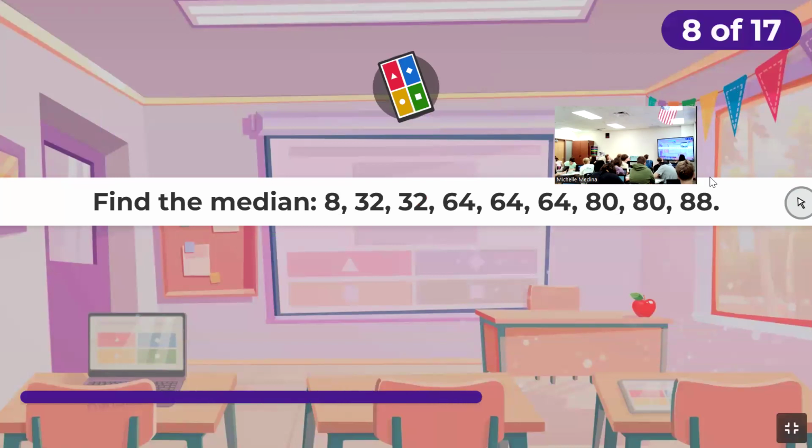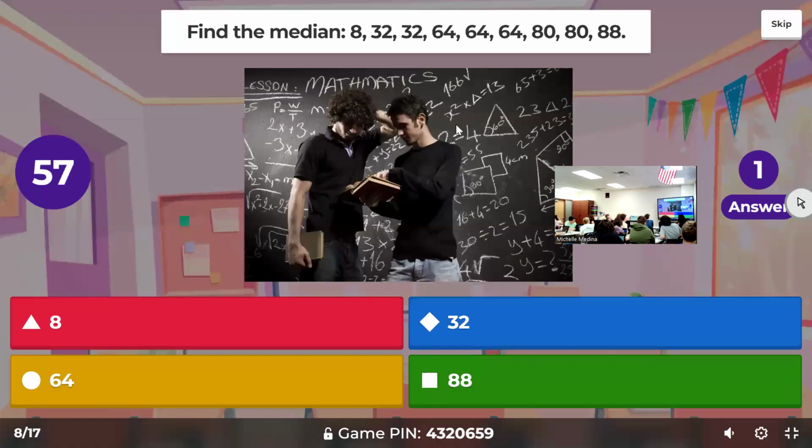So find the median of this data set. Find the median.